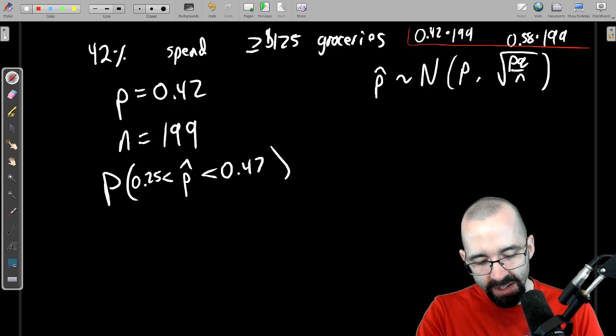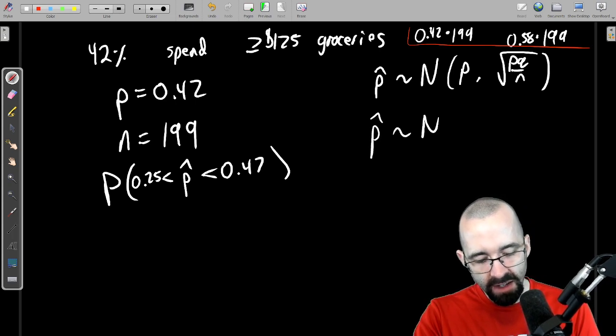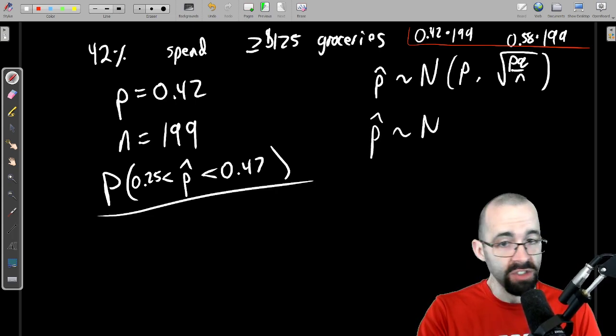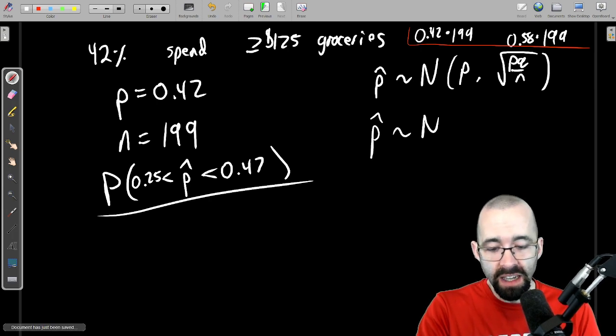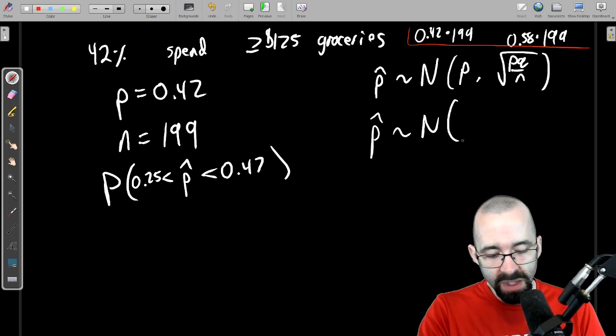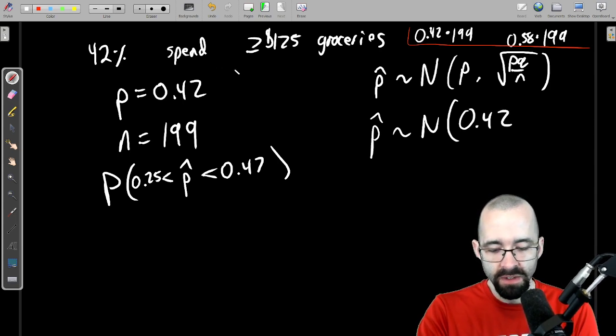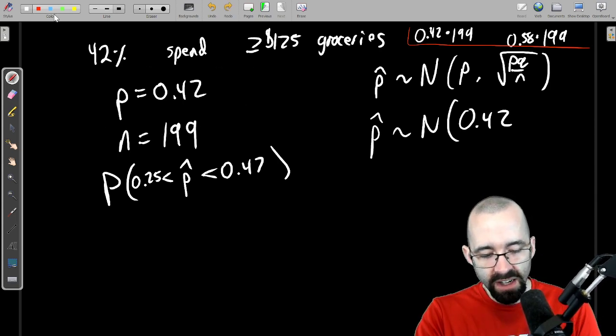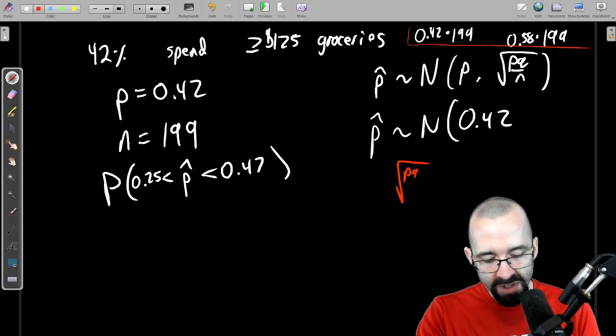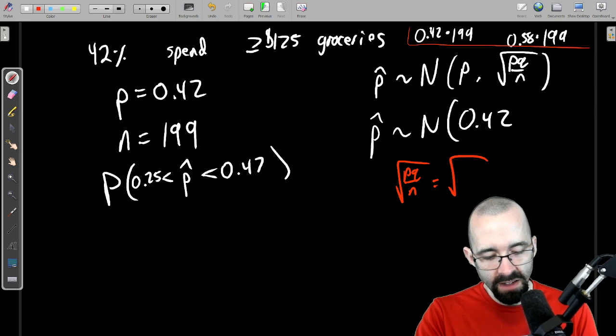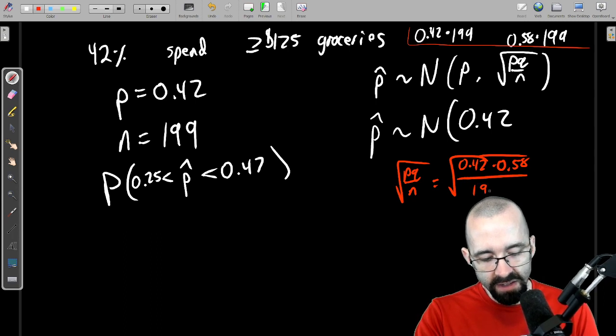All right, so let's fill in the blank. P hat, we just need a probability for p hat. We know its distribution, we can get there. The mean of this normal distribution is 0.42. The standard deviation, we're going to have to calculate that. What's the square root of pq over n? Well, that's the square root of 0.42 times 0.58 all over n, our sample size of 199.